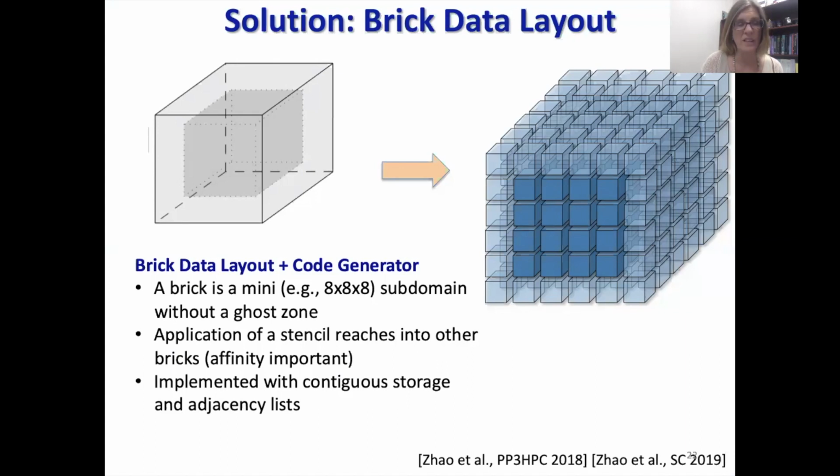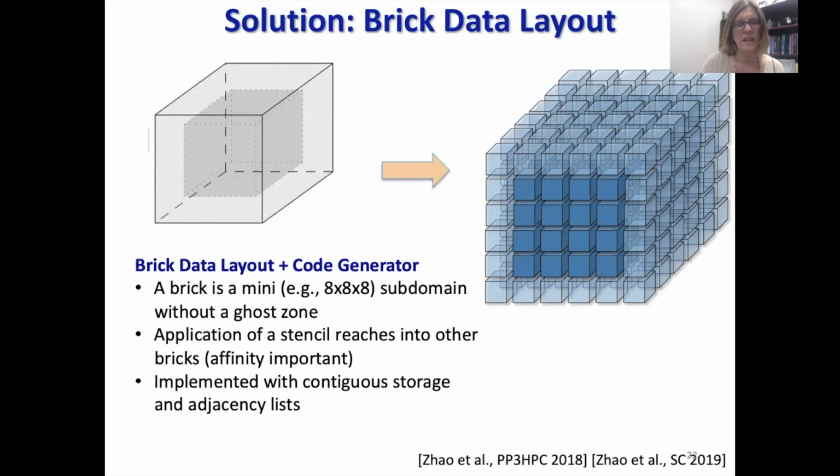But consequently, application of a stencil reaches into other bricks. And that means that affinity is important. The bricks being executed by a thread ideally should be neighbors of each other.